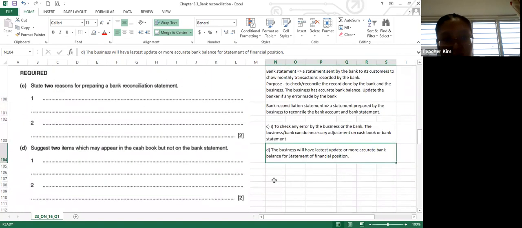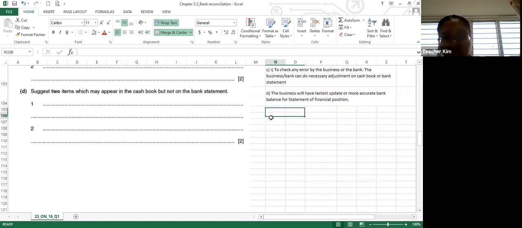Okay, now let's continue. Suggest 2 items which may appear in the cash book but not on the bank statement. So this one, 2 items may appear in the cash book but not on the bank statement. I put both sides just for exercise purpose.